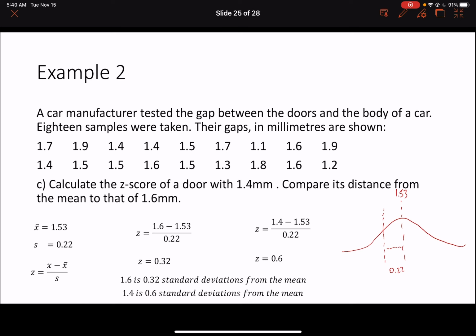So that makes this point right here 1.31. So how many standard deviations is 1.4 from the mean? It's also less than 1. When we calculate the z-score, it is 0.6. And exactly that's what this is saying. How many standard deviations is this value of 1.4 from the mean? And the answer is 0.6 deviations from the mean.